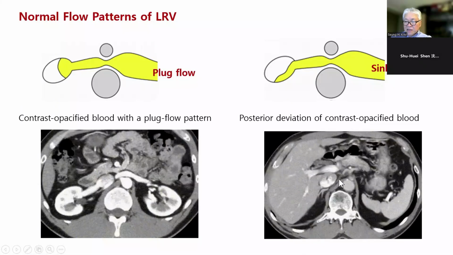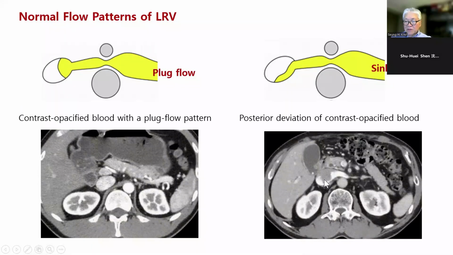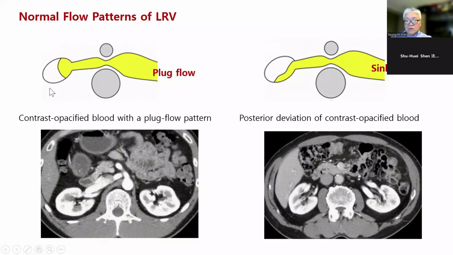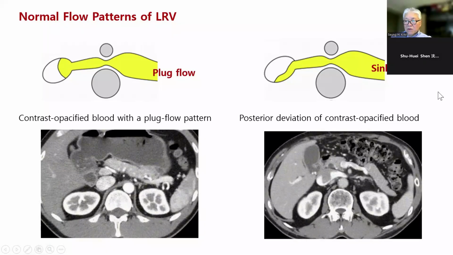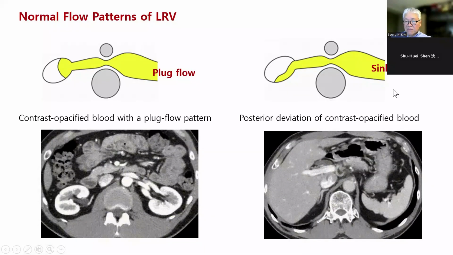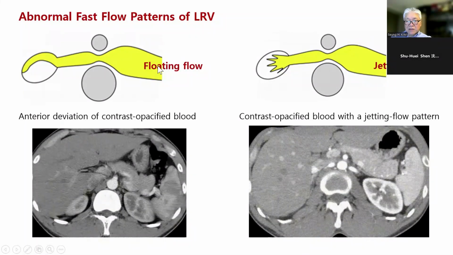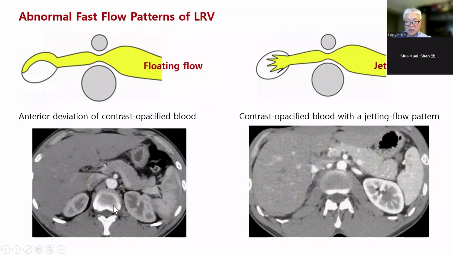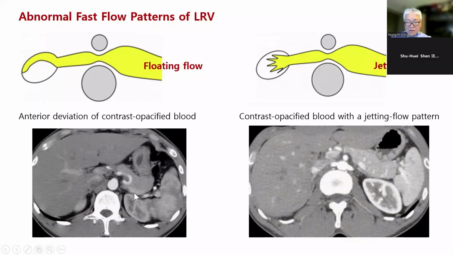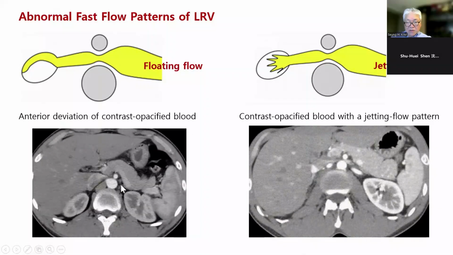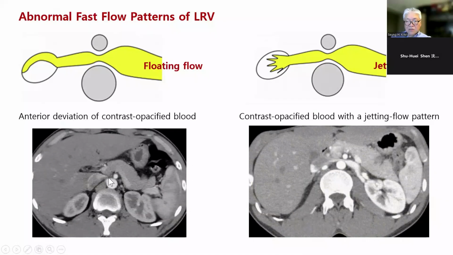It indicates absent nutcracker phenomenon, and we can call this a sinking flow. This is the third pattern, along the anterior margin, and we can see this movement of contrast opacified blood along the anterior margin.